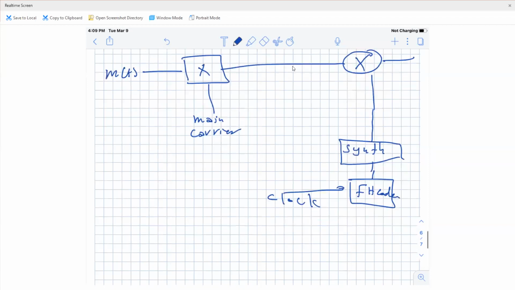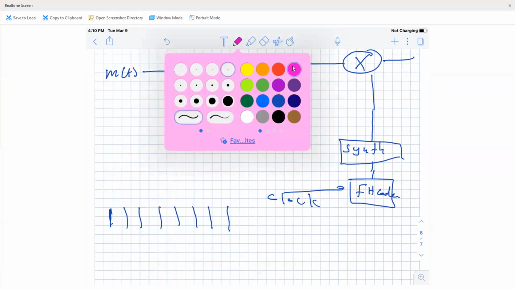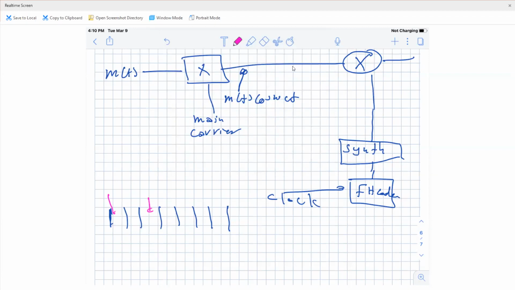Now, let us explain the values on the diagram. At this point, exactly, look at this point, we have m of t cosine omega ct. Well, now we said that when I explained the operation of the frequency hopping, we have channels and the carrier will jump among what?